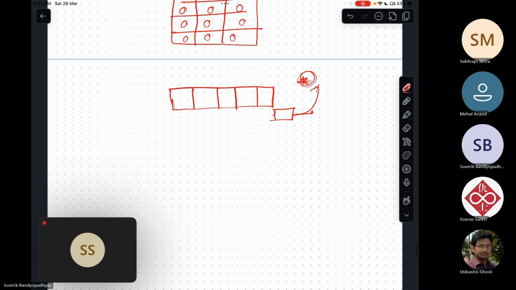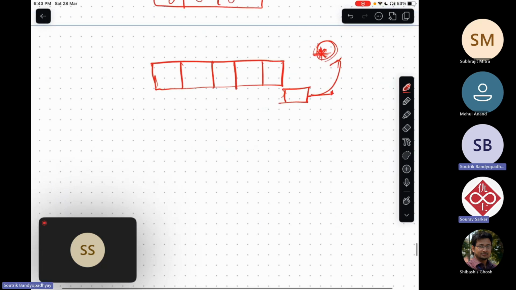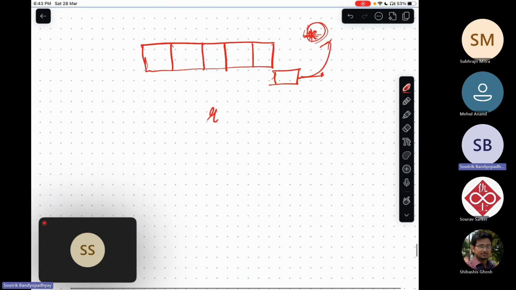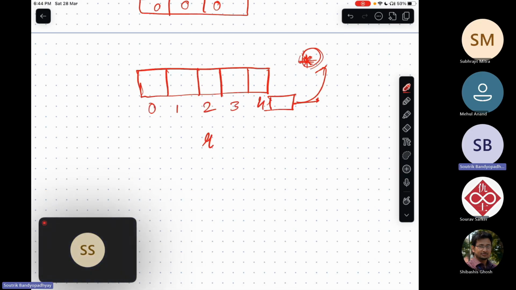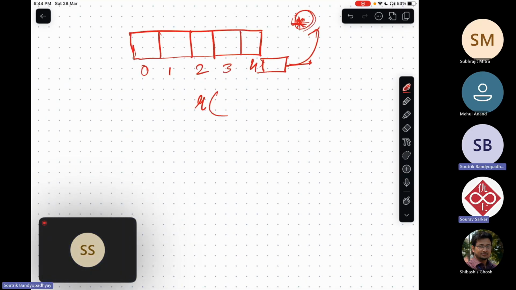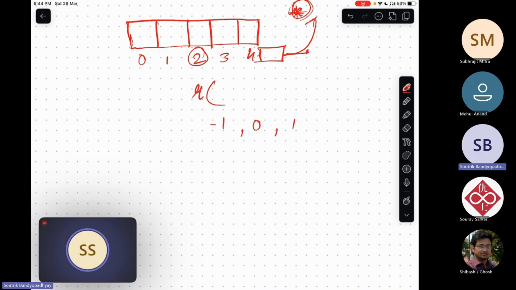Now, this cost minimization, or sorry, reward maximization problem may have its own set of reward formulations, right? So suppose the states are 0, 1, 2, 3, 4. Suppose from this position 2, you can take an action -1, 0, or 1, right?